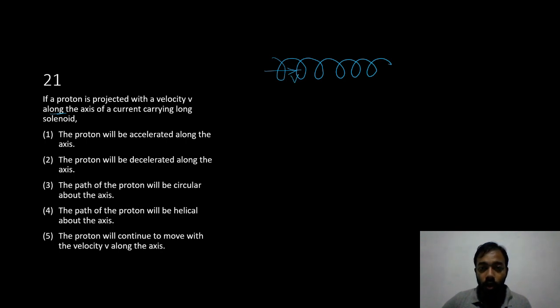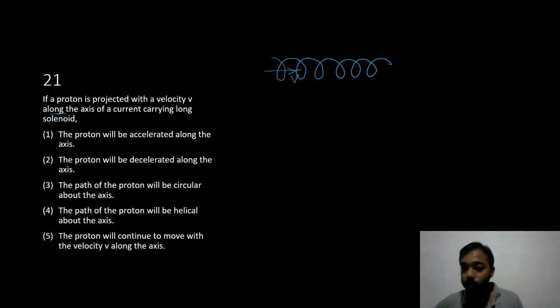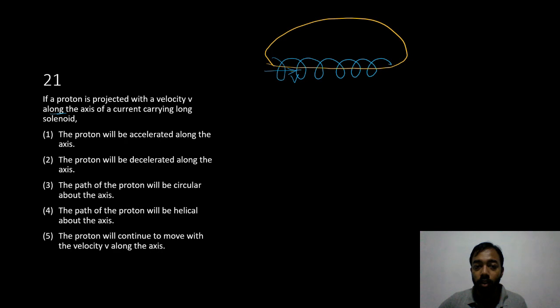So this solenoid can generate a magnetic field. So the field lines will look like this.